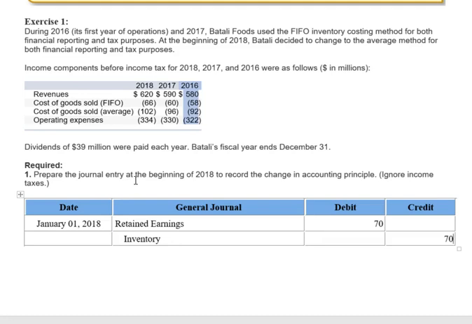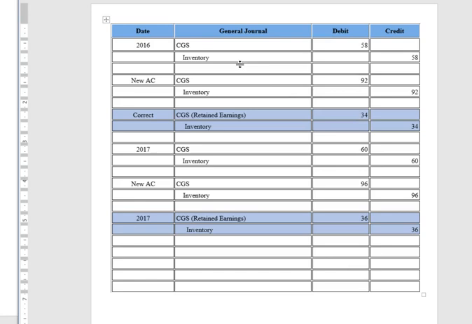So when you're dealing with these, if you need to, you don't always have to go back in time, but sometimes it helps to go back and say, this is what happened, this is what should have happened, and this is how I fixed that year. I find that a lot of times it really benefits me to say, hey, this is what they did record, this is what they should have recorded. Now, how do I fix that?